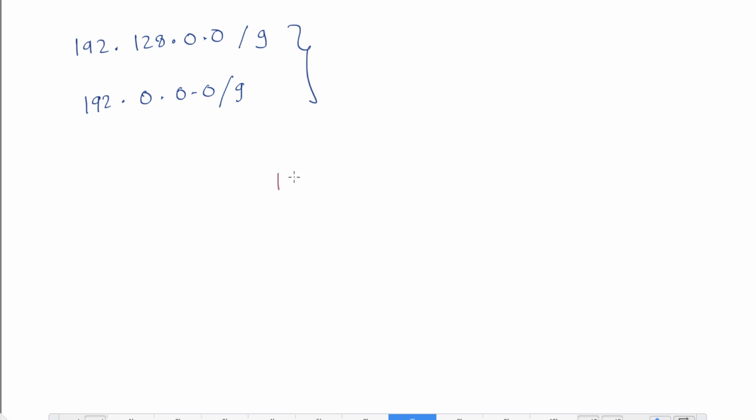I'm not going to write 192 because it is common, so I'm just writing 128 and 0. 128 means 1 followed by 7 zeros, then dot 0 dot 0. For the other address you can write it in a similar way.